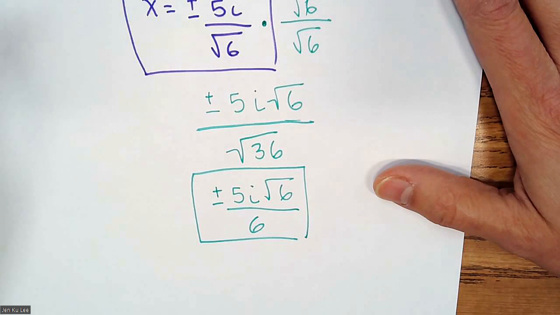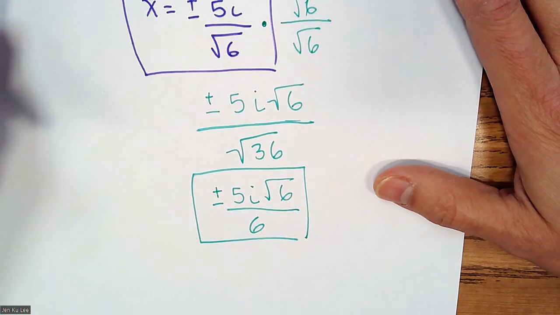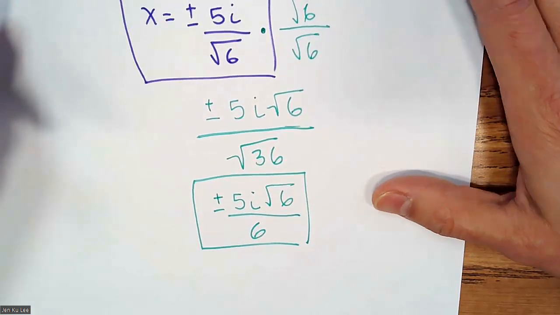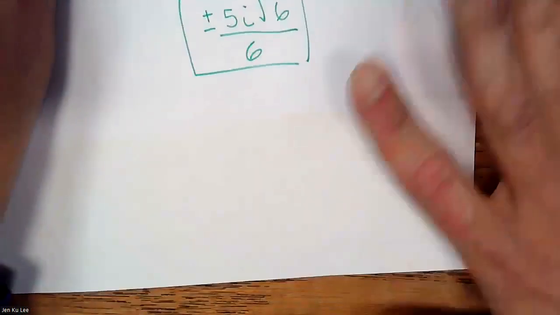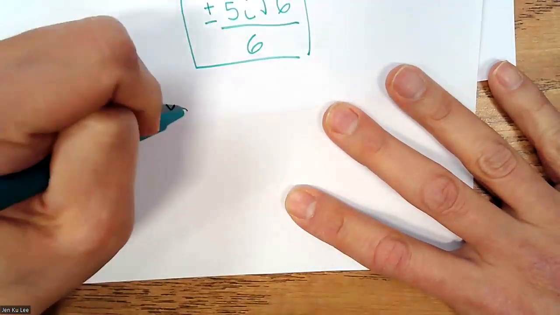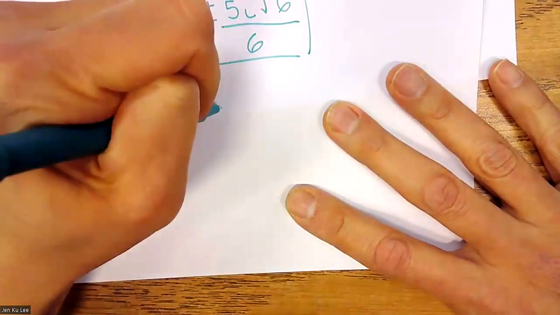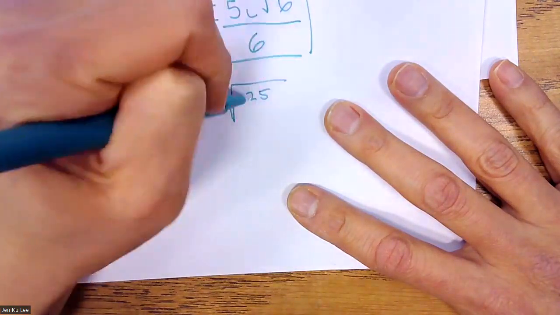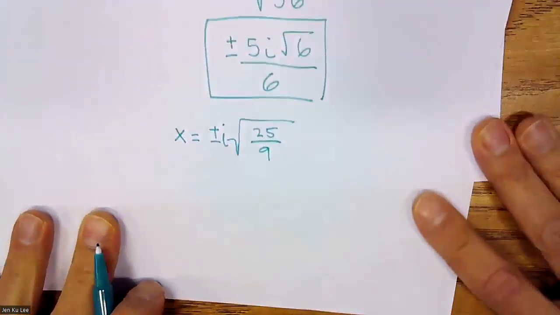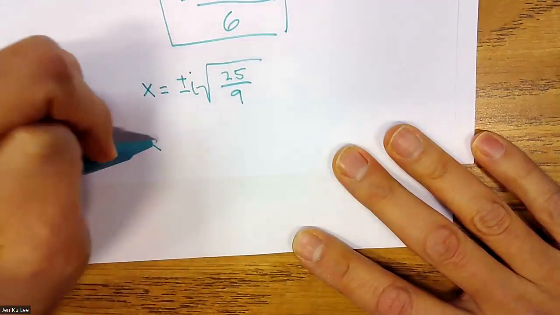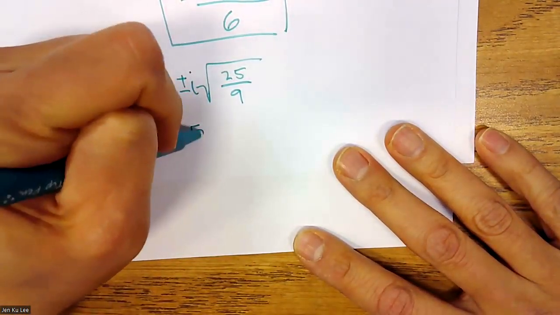If they're both perfect squares, then take the square root of both. How would you do that? So if the answer came out to be x equals plus or minus square root of 25 over 9 with the i, what's the square root of 25? 5.